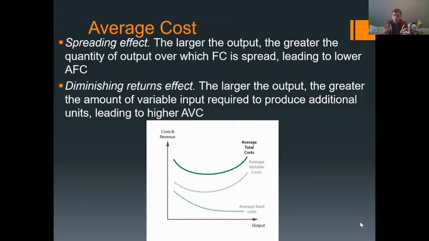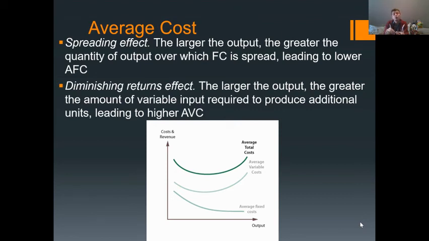However, once your diminishing returns effect comes in, so your diminishing marginal returns, once that starts setting in, the larger the output, the greater the variable, and therefore you will have a higher and higher and higher AVC, which pushes up your ATC.